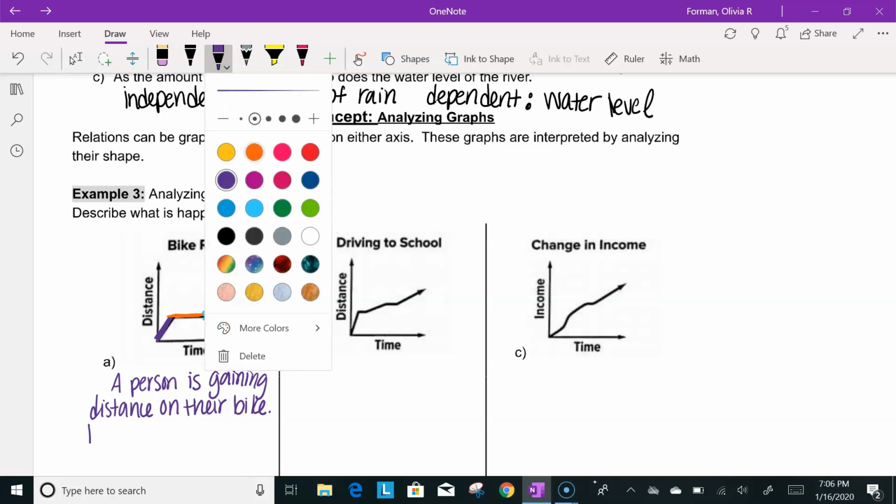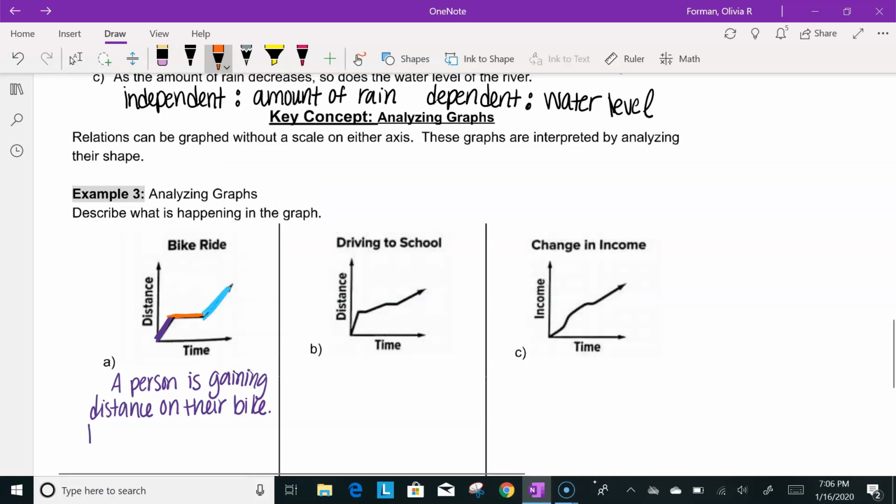Okay, now we're to the orange part. The orange part, it all of a sudden levels off for a while. The distance isn't changing, but time is passing. So what I interpreted that as is that they stopped for a short break.